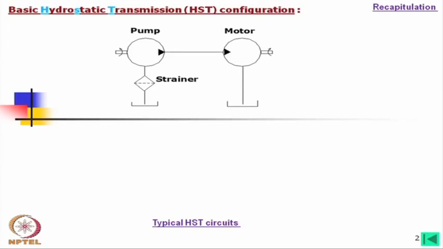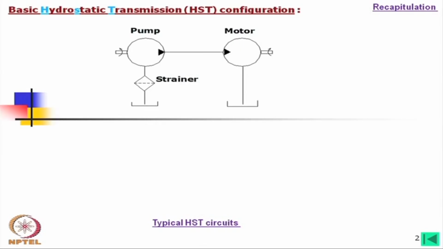In fact, the same components can be used for pump and motor, except there are some differences in the flow distributor valves. And it is even possible to combine the pump and motor together, and that unit can be used both as pump and motor.